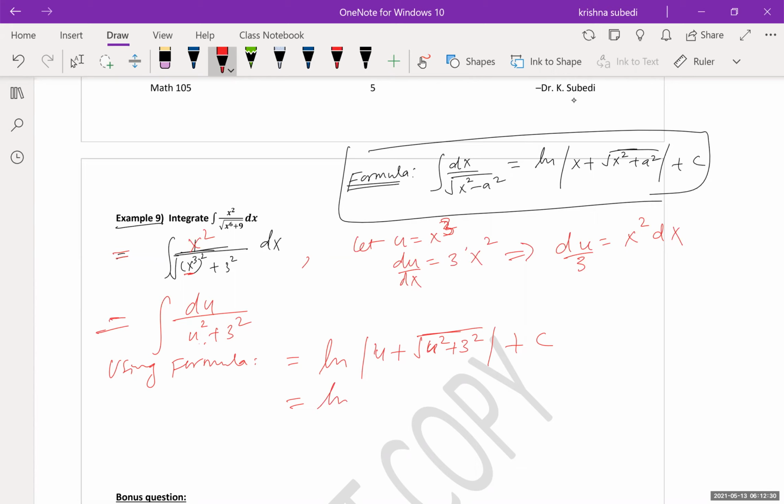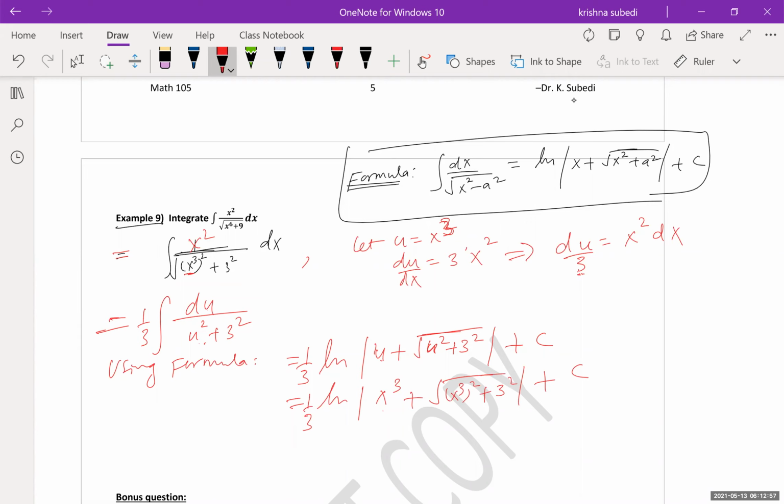So your answer is ln of u, what is u? x cubed. Oh, hold a second, I forgot to write this 1 over 3. So this x squared dx is du over 3. I can write that 1 over 3 there. So it will be 1 over 3, u means x cubed, substituting the value back, plus square root of x cubed squared plus 3 squared, plus c.